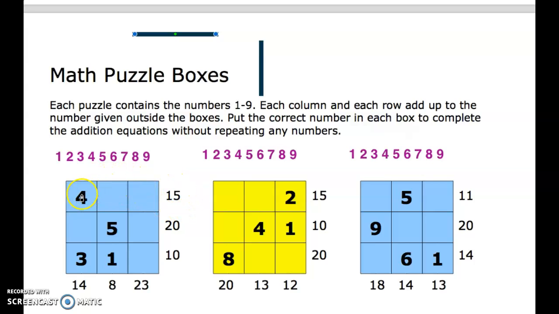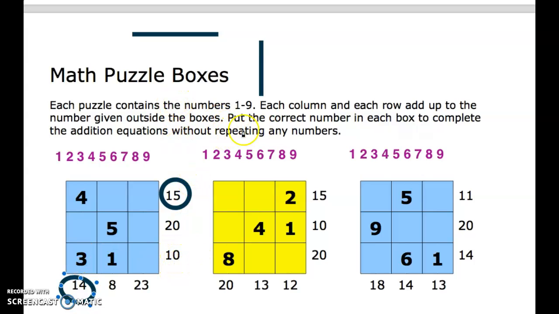So for example, whatever is added up here in the row has to equal 15, and everything in this column has to equal 14. These all have to equal 8. These all have to equal 20. These all have to equal 10. Now here's the key though.